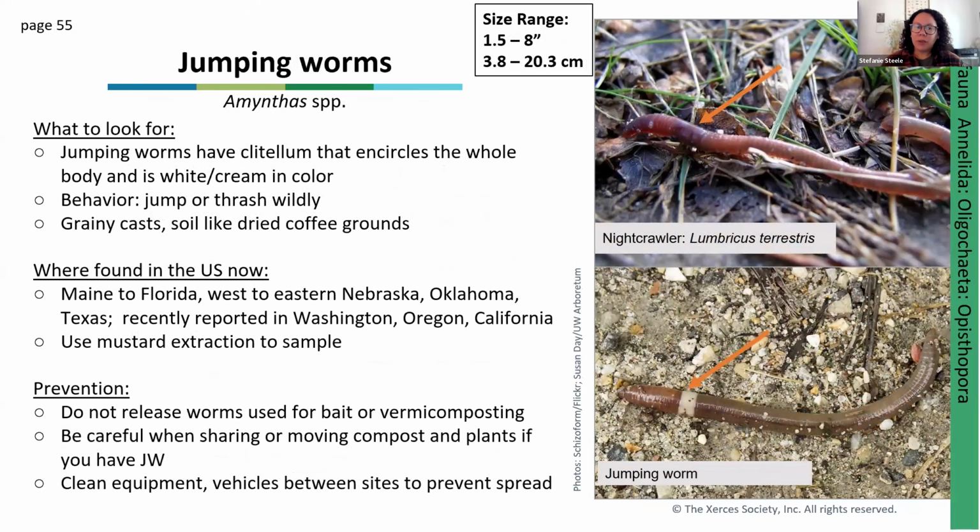And so, yes, a deeper look at jumping worms, which include at least 15 introduced species. These worms get their common name because they do this really wildly wiggling and thrashing movement.